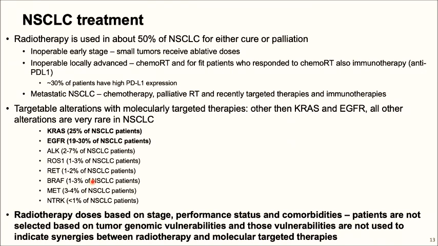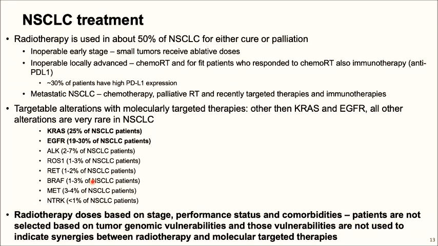So in radiotherapy, we don't use any of this molecular information to prescribe radiation or to combine it with drugs. How we prescribe radiation is based only on the stage of the disease, the performance status, and comorbidities of the patient.